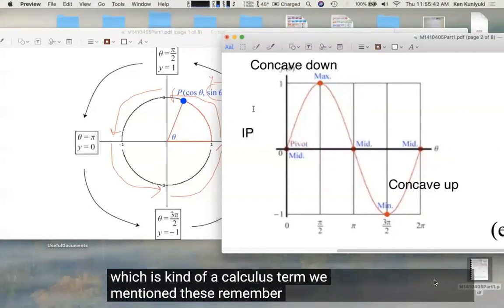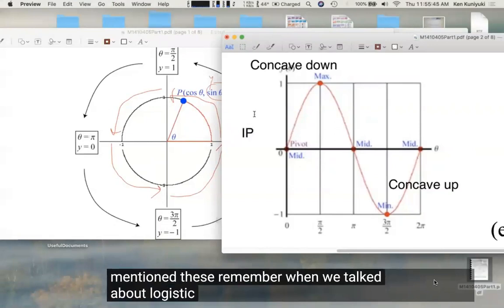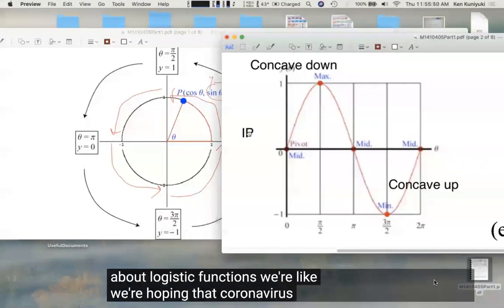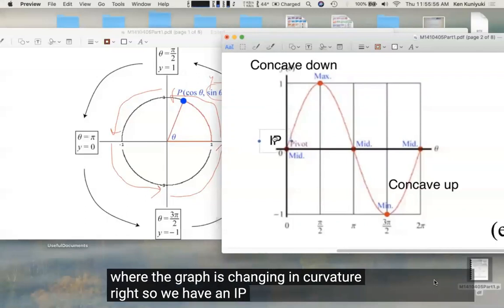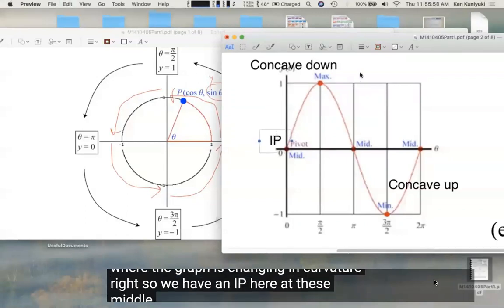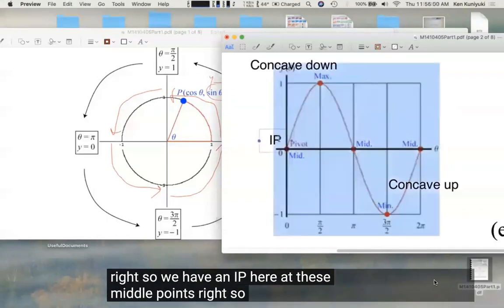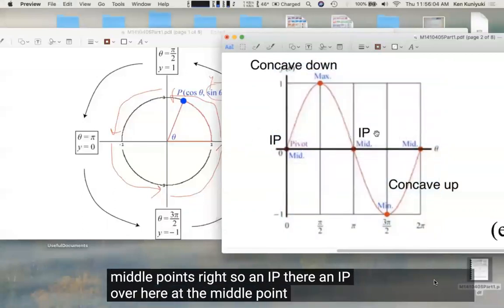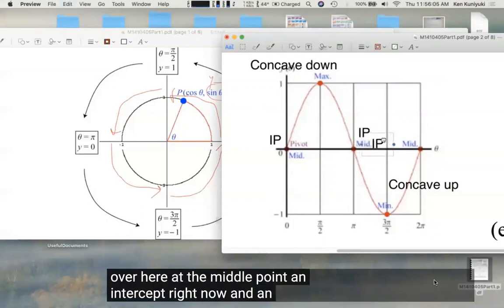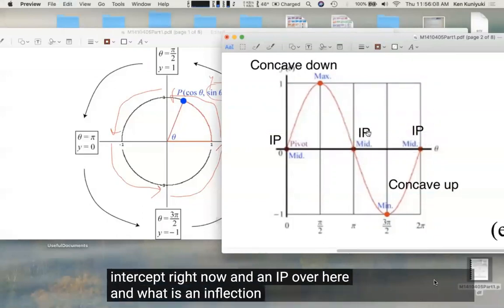We mentioned these, remember, when we talked about logistic functions, where what we're hoping that coronavirus will do, where the graph is changing in curvature, right? So we have an IP here at these middle points, right? So an IP there, an IP over here at the middle point, an intercept right now, and an IP over here.